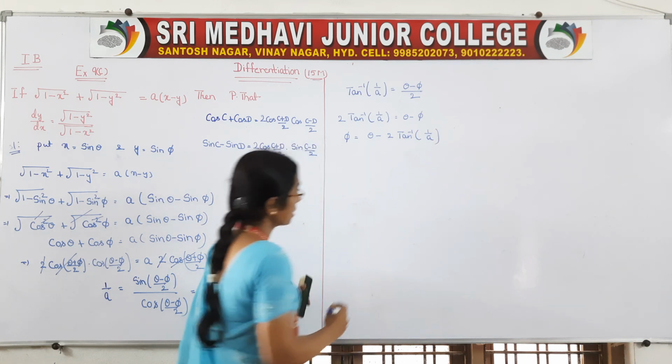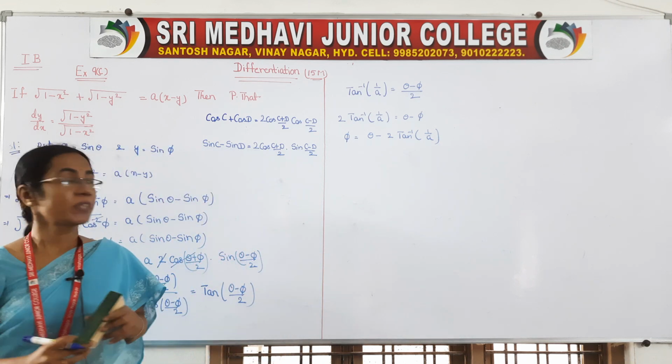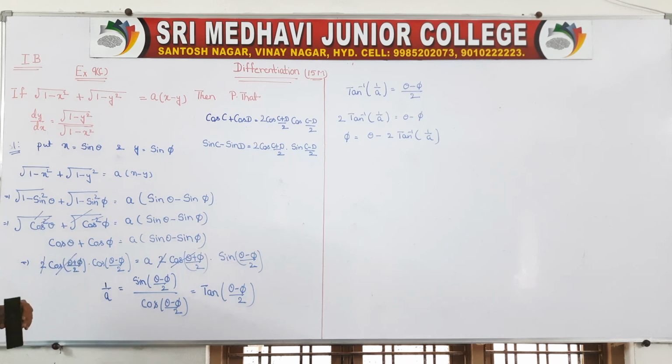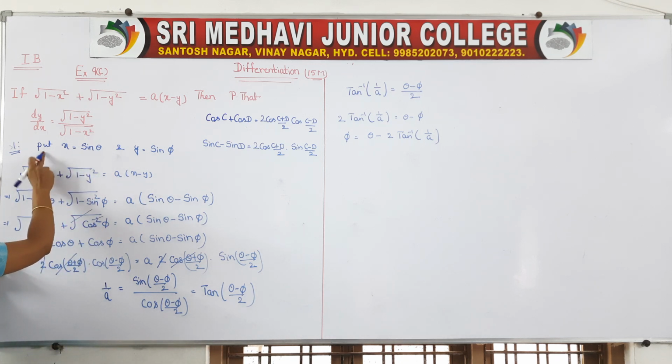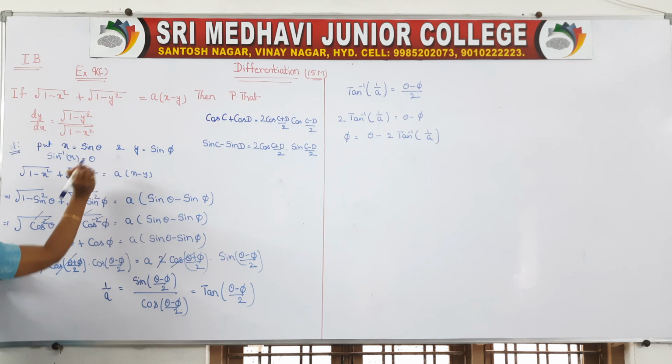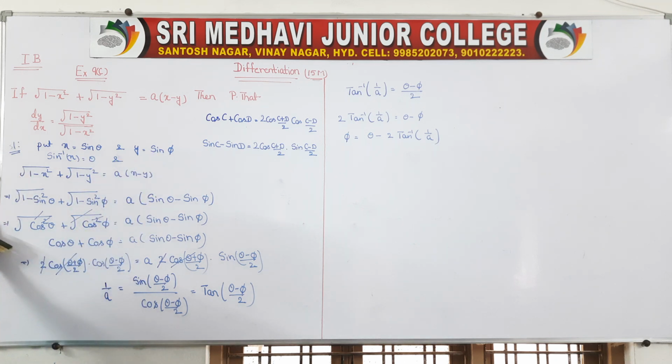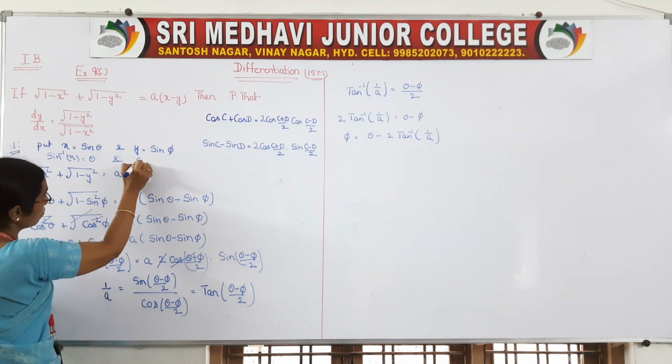But what are our pi and theta? In the beginning, we have taken x is equal to sin theta. With that, you can get your theta. How? Just send sin to this side. If we send it to the other side, what happens? It becomes inverse. Okay. Similarly, here also we want pi. So, send sin to this side. It becomes inverse.